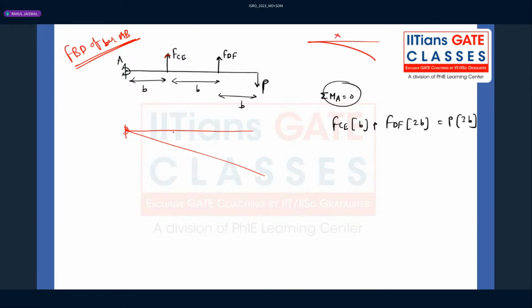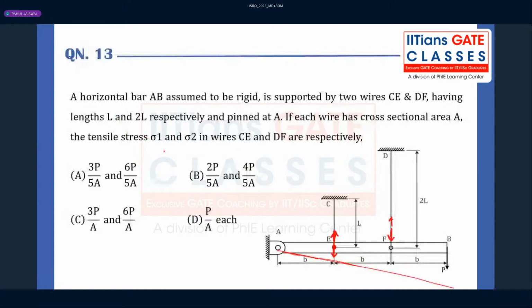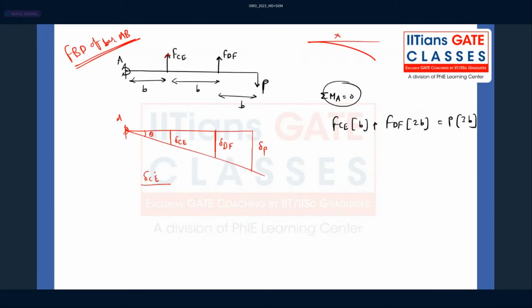Whatever deflection happens in CE and in DF, and at the end point at P, this theta will be the same. From similar triangles AEE dash and AFF dash, delta CE divided by B equals delta DF divided by 2B. So delta DF will be 2 times delta CE.